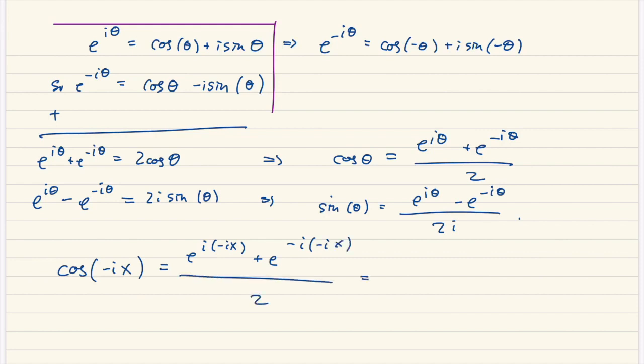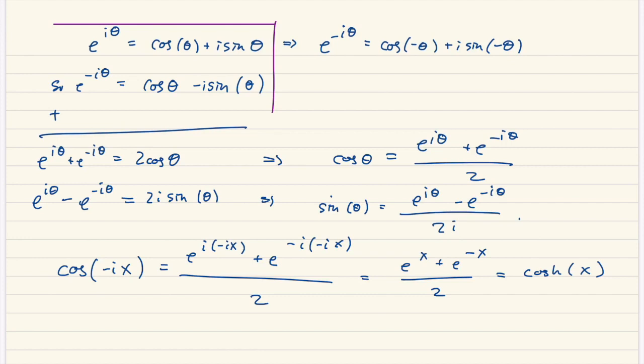So this would be i times minus i is 1. So this is e to the x plus e to the negative x over 2. This is nothing more than hyperbolic cosine.